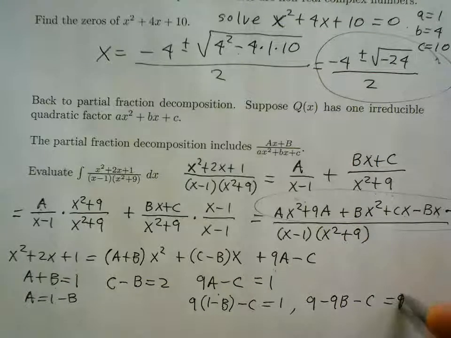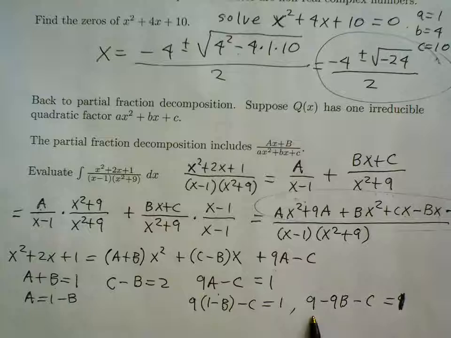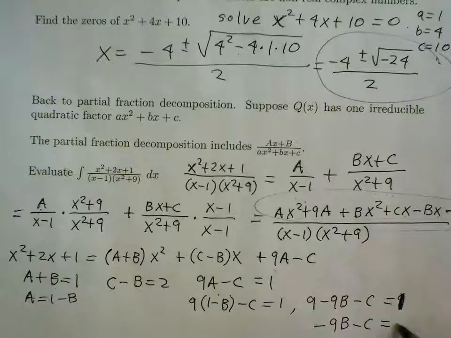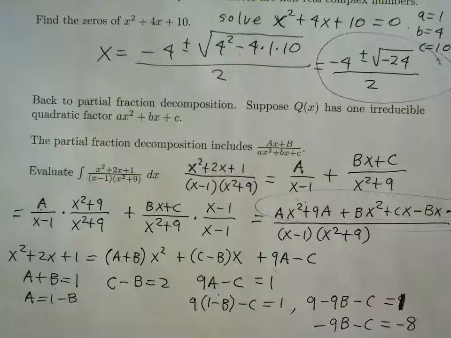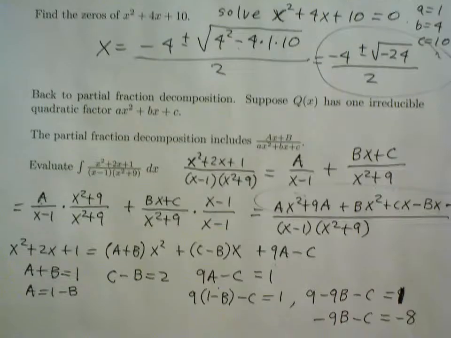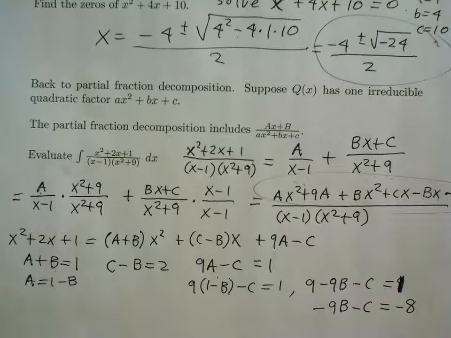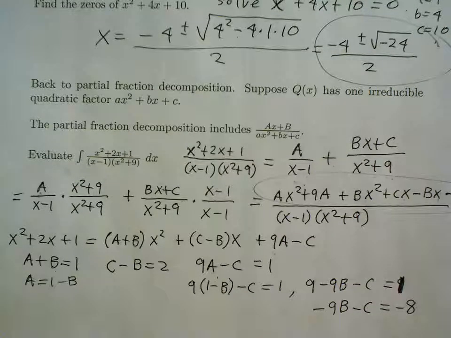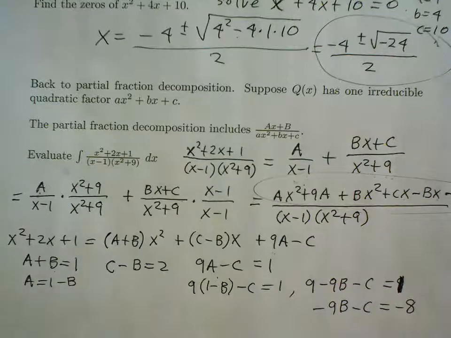Subtract 9 from both sides, and I get negative 9B minus C equals negative 8.